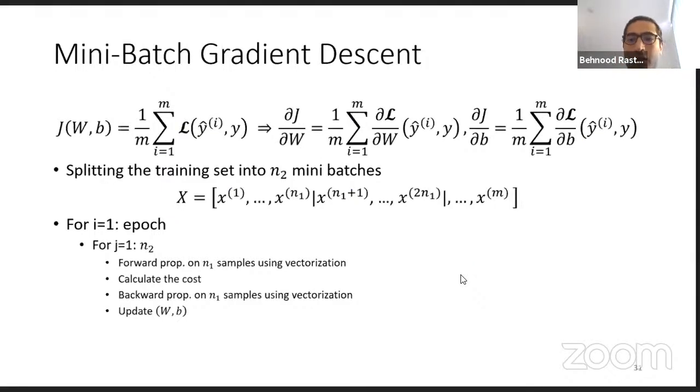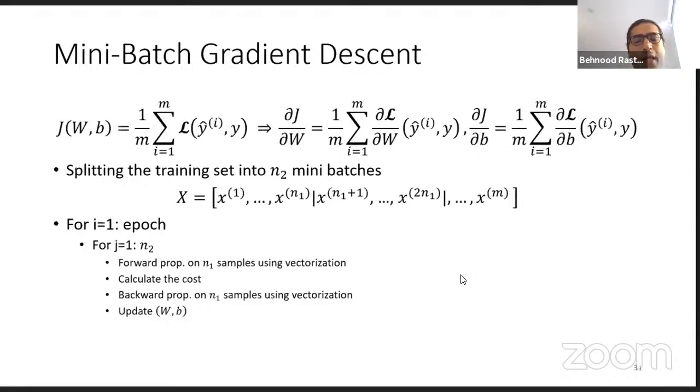Another important concept is mini batch gradients. You have a loss function and a number of samples, m samples, and your cost function is the average over all the losses of all the samples that you have.